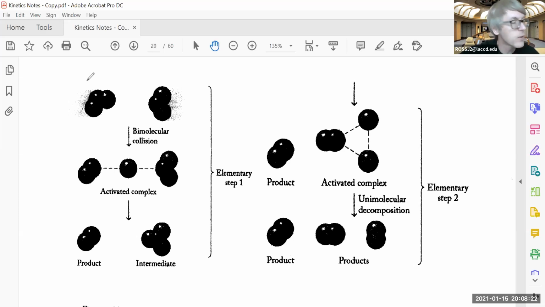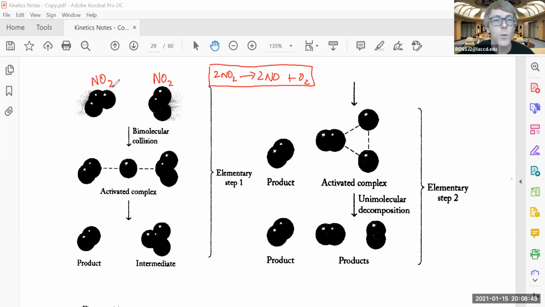Just let me remind myself what the overall reaction was. Yeah, so this was an NO2, and this was an NO2. Just to remind you, the overall equation was 2NO2 to give 2NO plus O2.